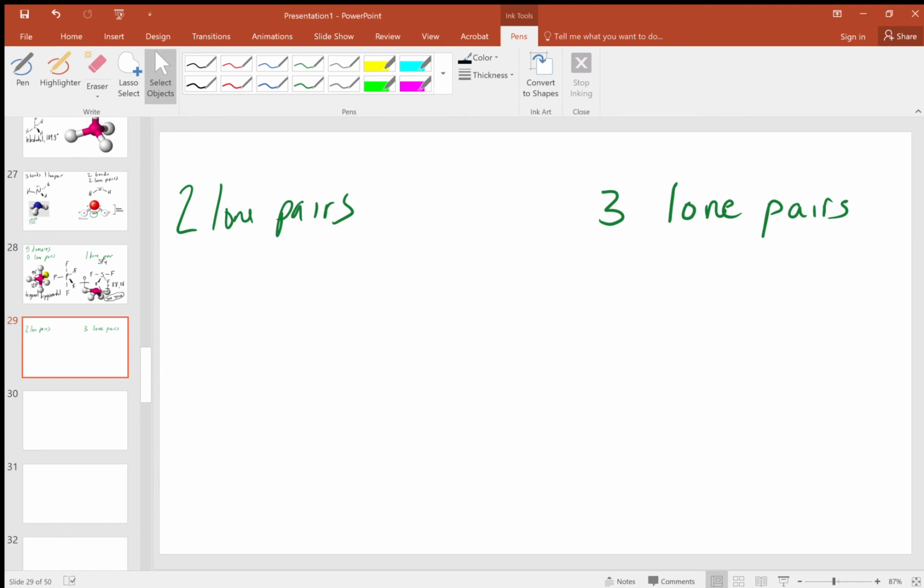For two lone pairs, we might have a molecule such as chlorine trifluoride. And now two of those positions around the middle will be taken up by lone pairs.